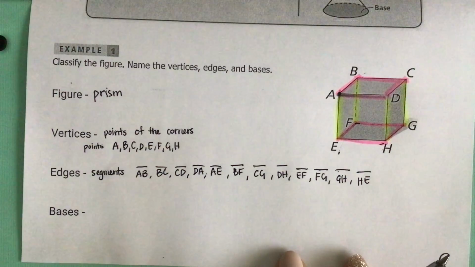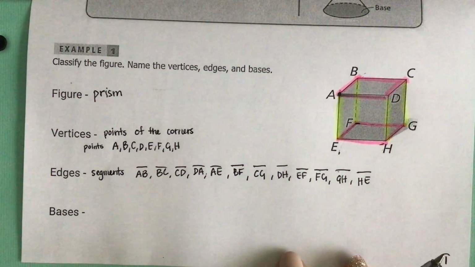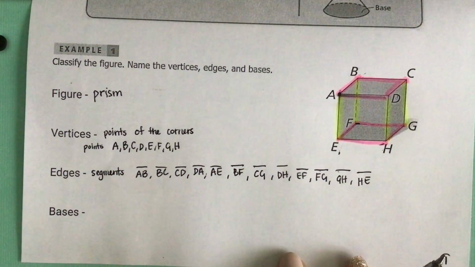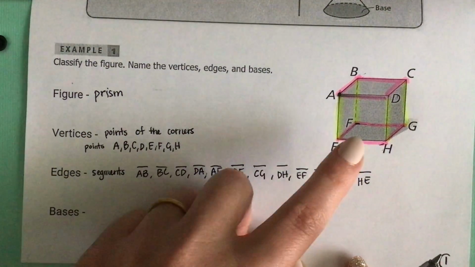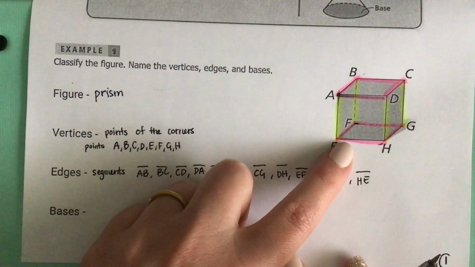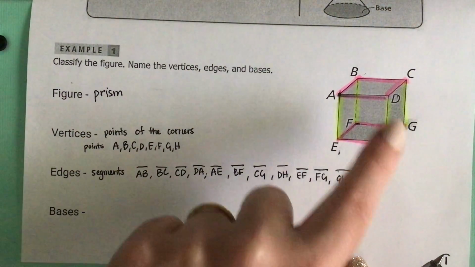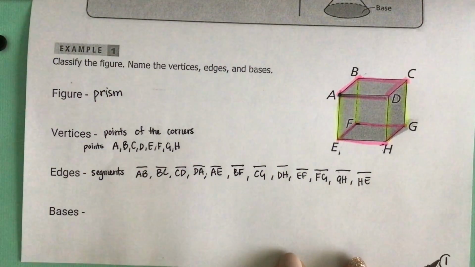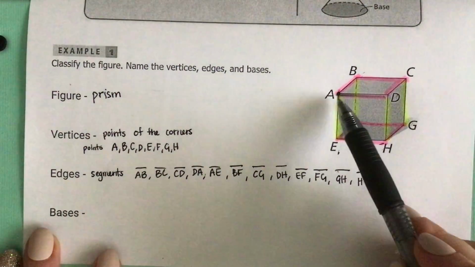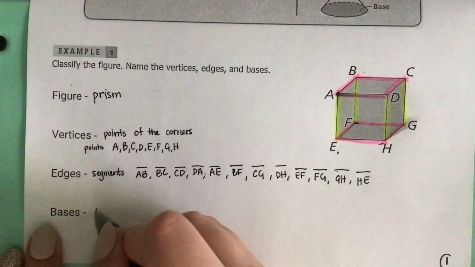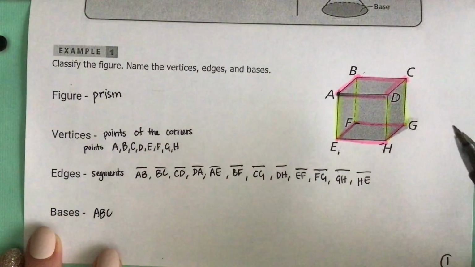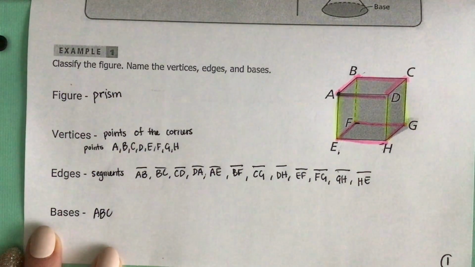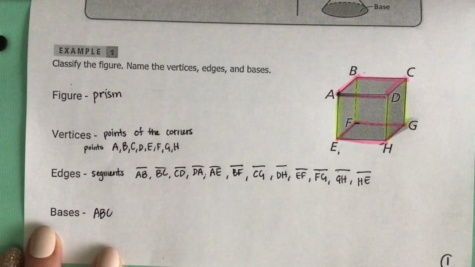Finally, we're going to name the bases. Now, in order to name a base, we're actually naming a plane. You can do this in more than one way, and technically we could move this shape on any side and it would be a new base just because of the type of prism that it is, but I'm just going to name 2. So we've got base ABC up top. You just have to name 3 points in order for it to be named.